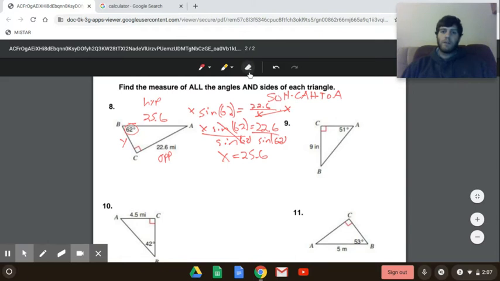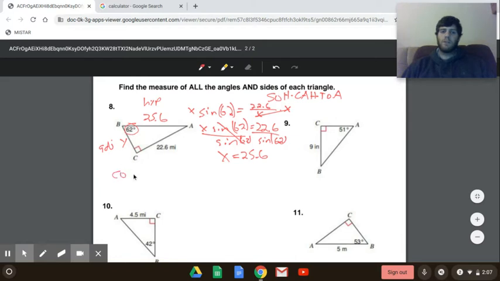So what I want to do is use, you have the hypotenuse. The y is going to then be adjacent. And so now I'm going to do the cosine, right? Cosine is adjacent over hypotenuse.